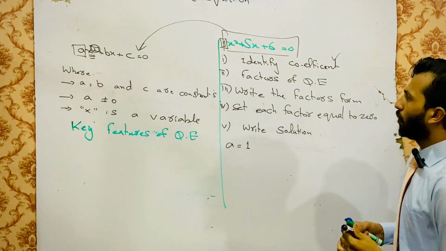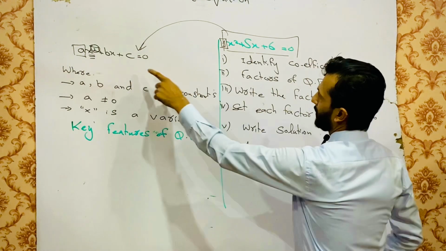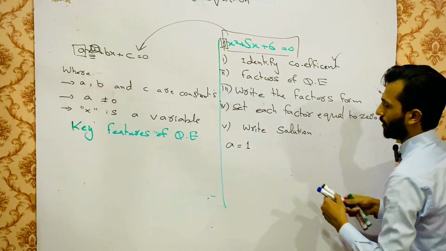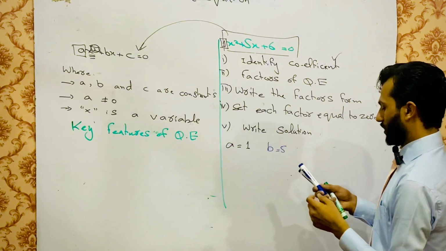Number 2, the coefficient of x is b, and b is equal to 5. And the constant is 6.